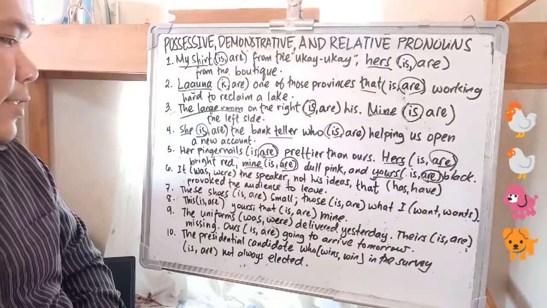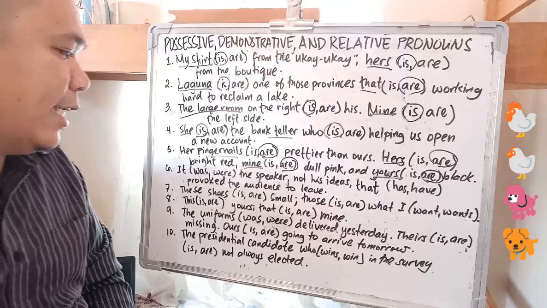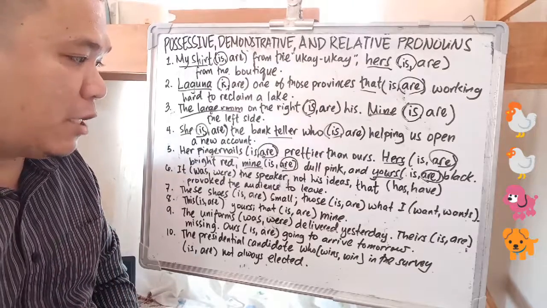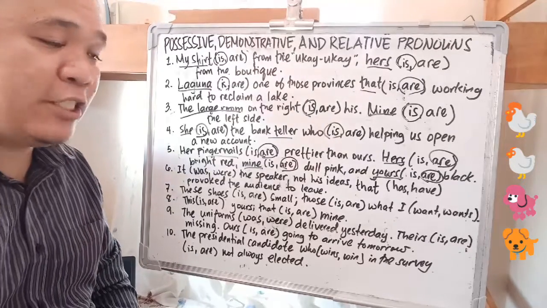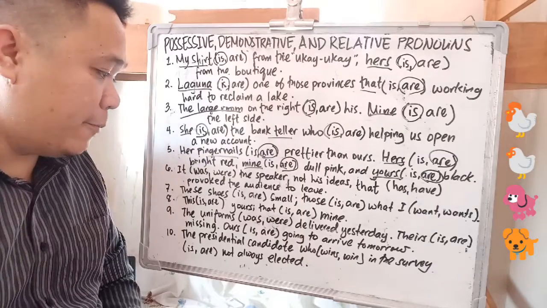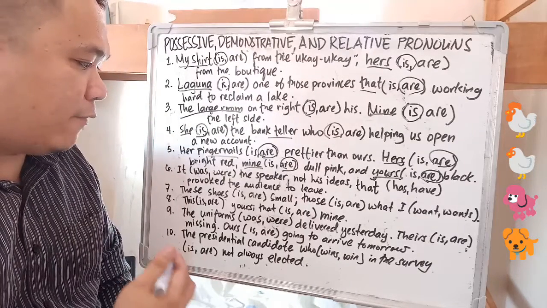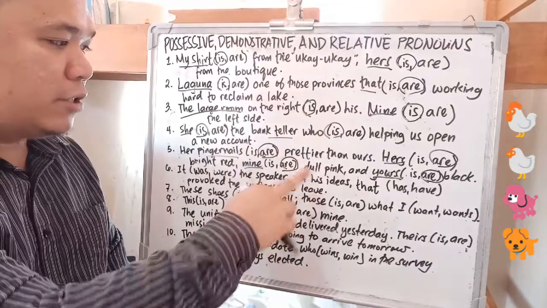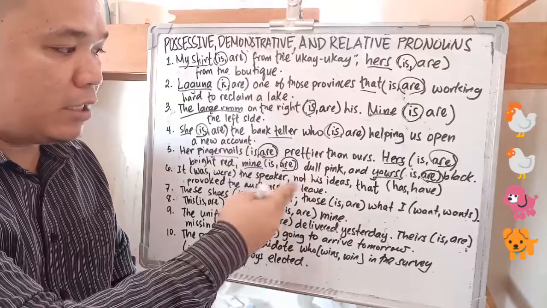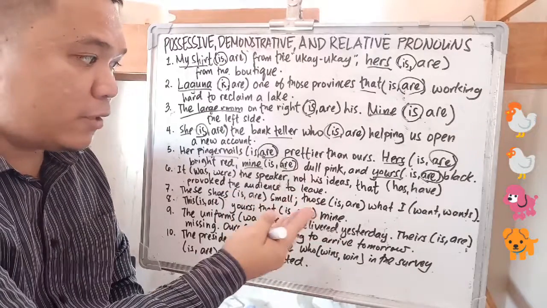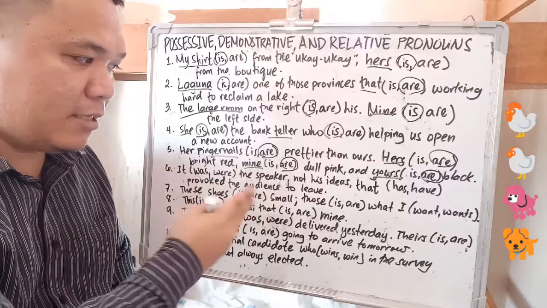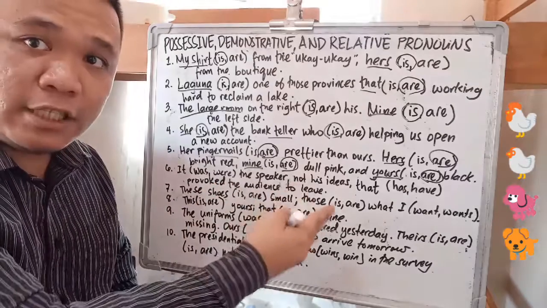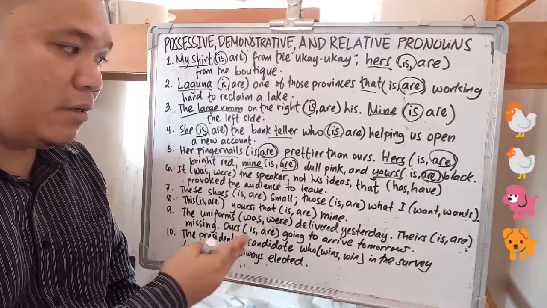Okay, next. Number 6. It was/were the speaker, not his ideas, that has/have provoked the audience to leave. If you take a closer look, there are two subjects, the speaker, not his ideas. But actually, not his ideas is not a subject, but additional information about the speaker.